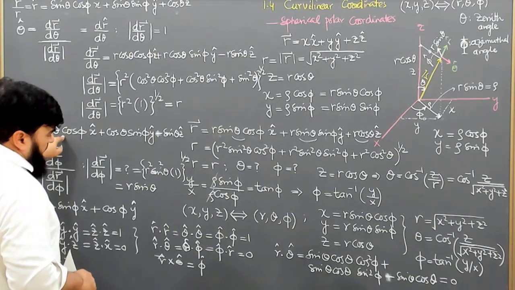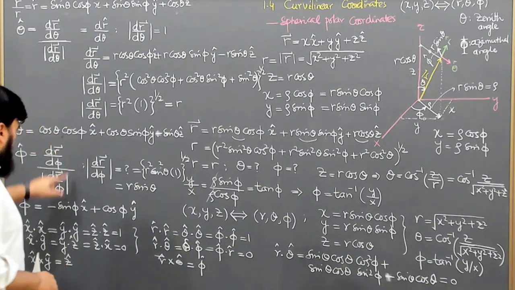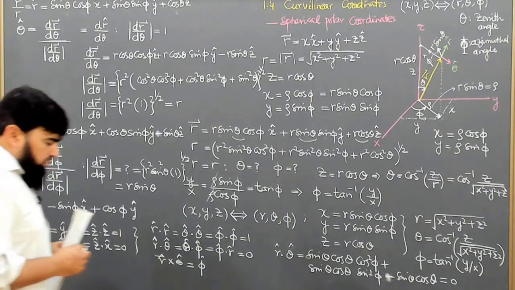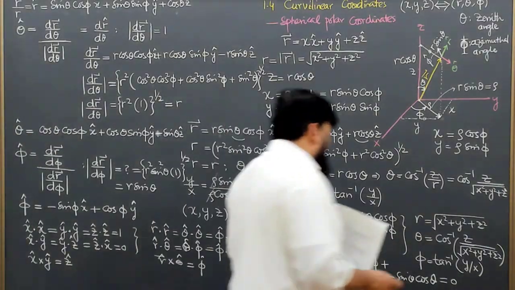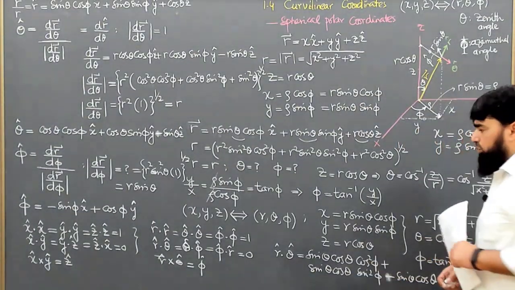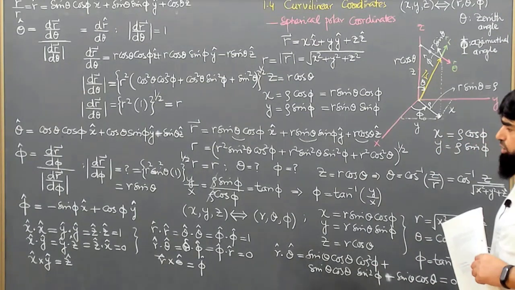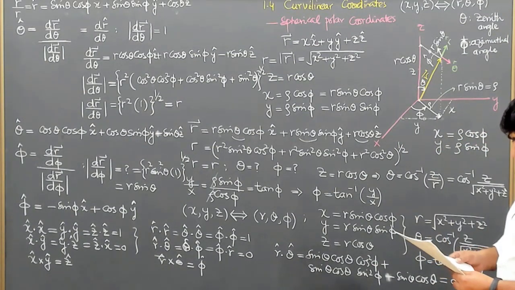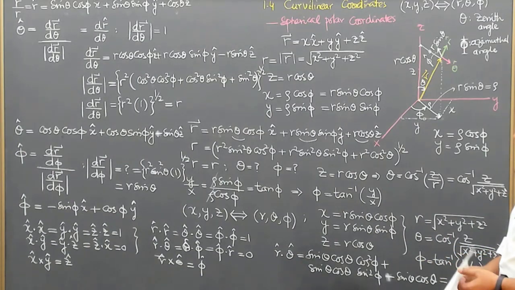You will have to calculate, and it will definitely come out to be equal to this. I will not do all these calculations, but I suggest you do them. This will increase your confidence, and this will increase your intuition in the spherical polar coordinate system.